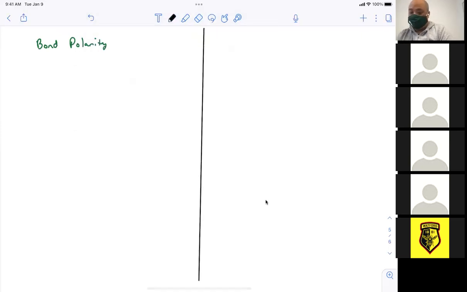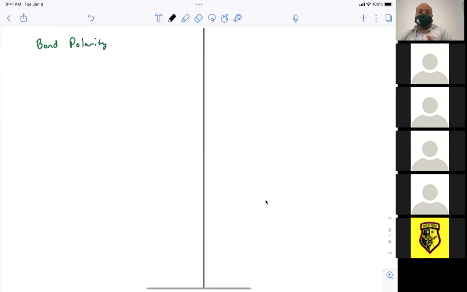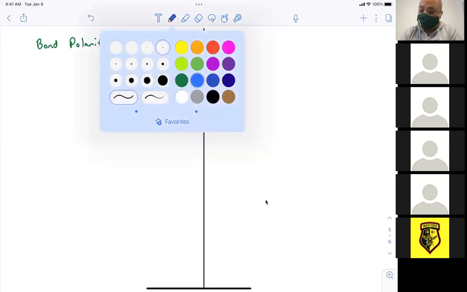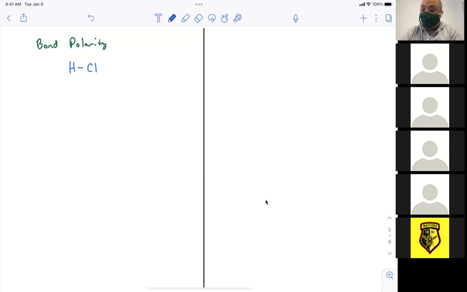Okay. So bond polarity is the relationship in electronegativity between 2 bonded atoms. If you have something like HCl, Cl is more electronegative. I believe it's like 3.0. Hydrogen's like 2.1.